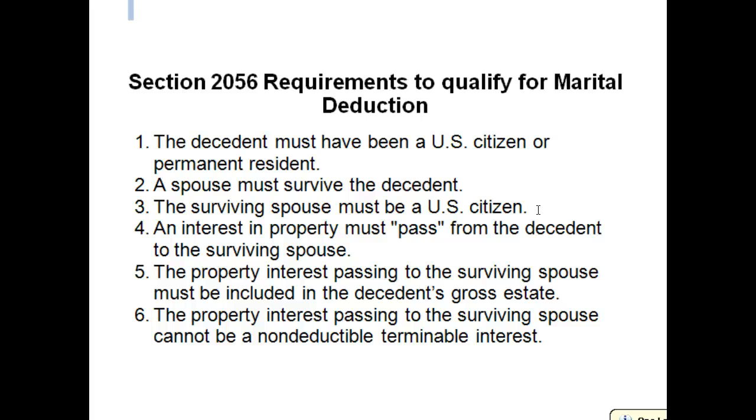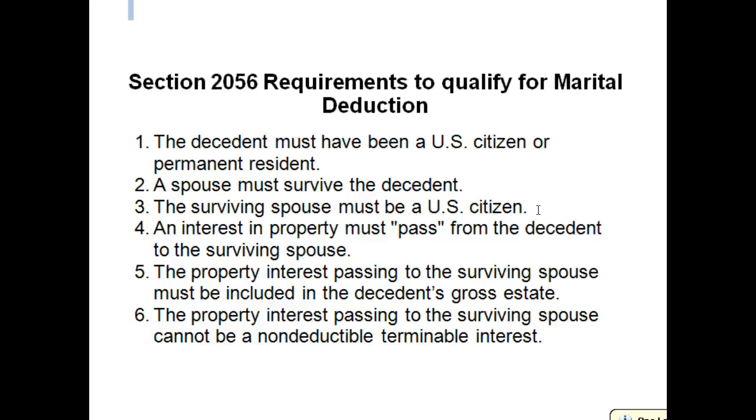At the death of the non-citizen surviving spouse, in the estate of the decedent spouse, not the estate of the surviving spouse. I should repeat that. So what occurs here is if the conditions are met with the QDOT, the property included in the qualified domestic trust will be subject to estate tax at the death of the non-citizen surviving spouse, but it's included in the estate of the decedent spouse, not the estate of the surviving spouse.